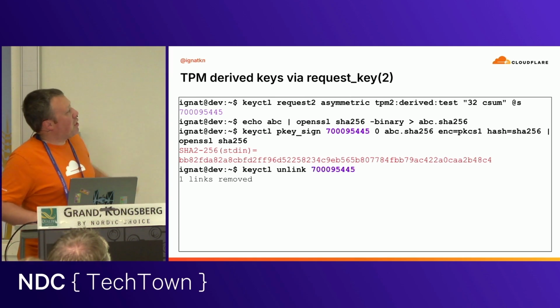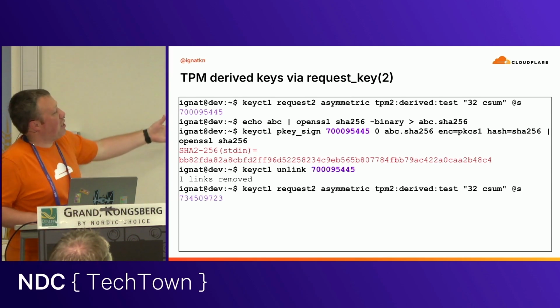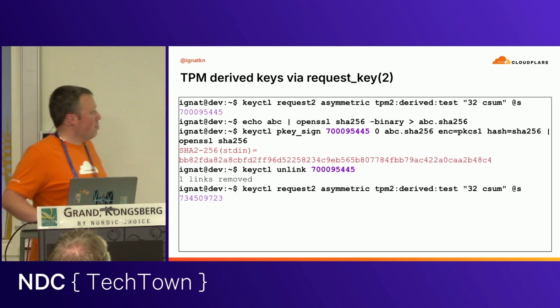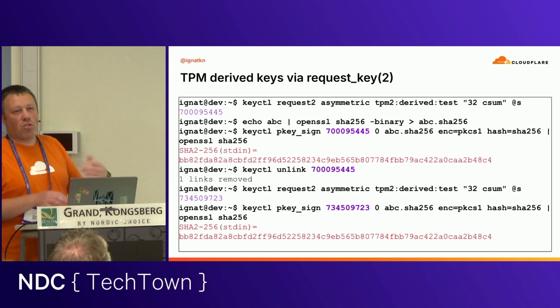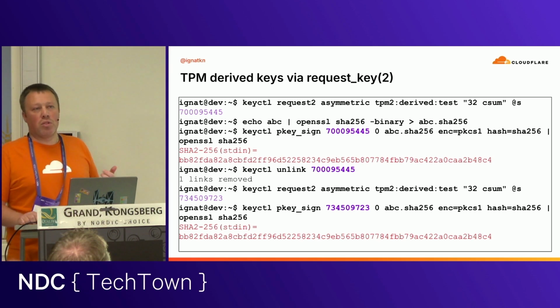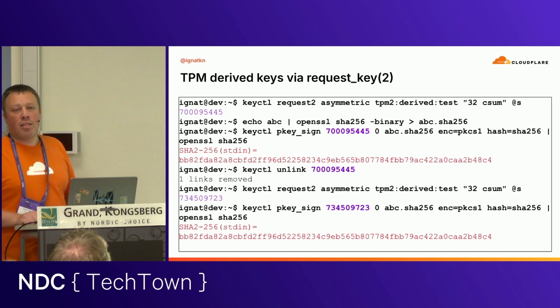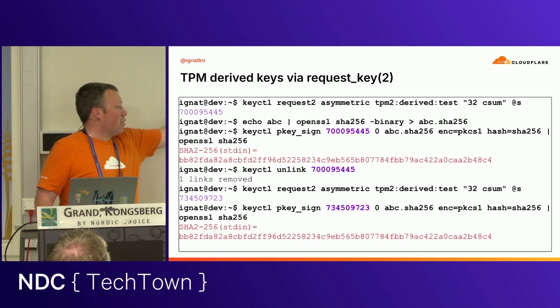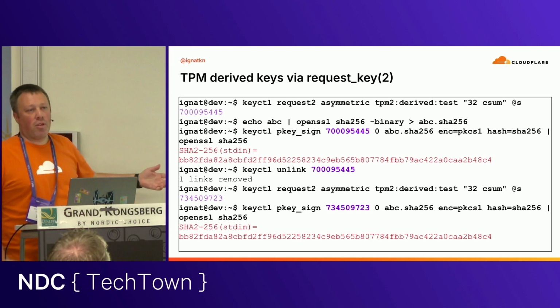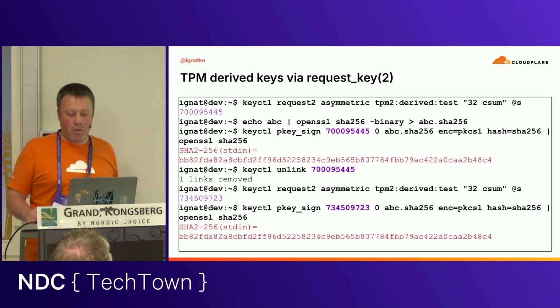Now we can remove that key and recreate it again, so the serial is different, and we can sign again. Because internally, by default, the kernel uses RSA PKCS1 signatures, the signatures are deterministic, so you get the same signatures for different keys. Therefore, the private keys are the same. So again, totally reproducible and easy.